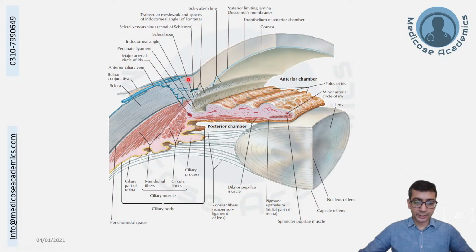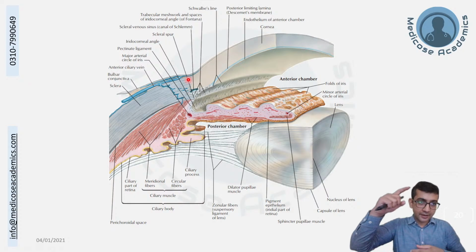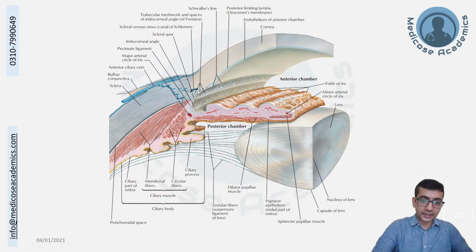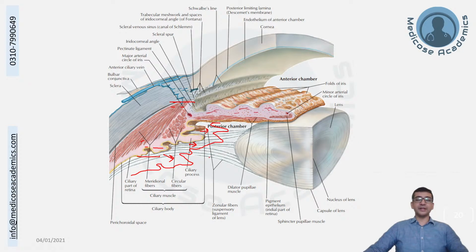When the ciliary muscles contract, the circular ones, the whole ring comes nearer. And when the meridional fibers contract, the distance between these two points becomes less. So these ciliary processes move to this point, more medially.